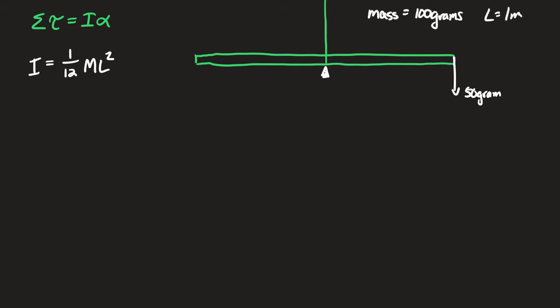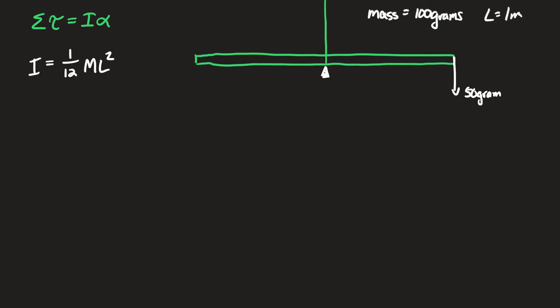You hear all that language? That's the kind of language you're going to need to be able to write on your test. Qualitative discussion: this system will have a clockwise acceleration because of an unbalanced clockwise torque. They want you to use clockwise, torque, acceleration, all of it needs to be there.